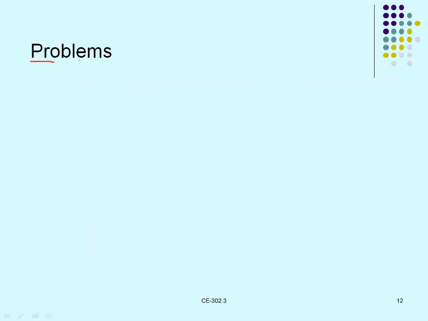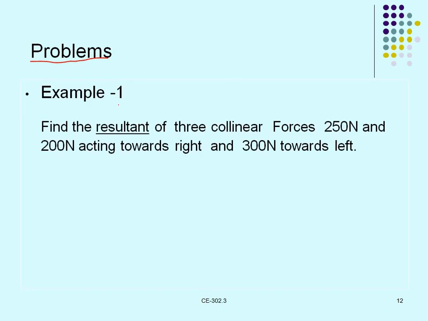So let us see some examples, that is, problems. Find the resultant of three collinear forces: 250 newtons and 200 newtons acting towards right and 300 newtons towards left.